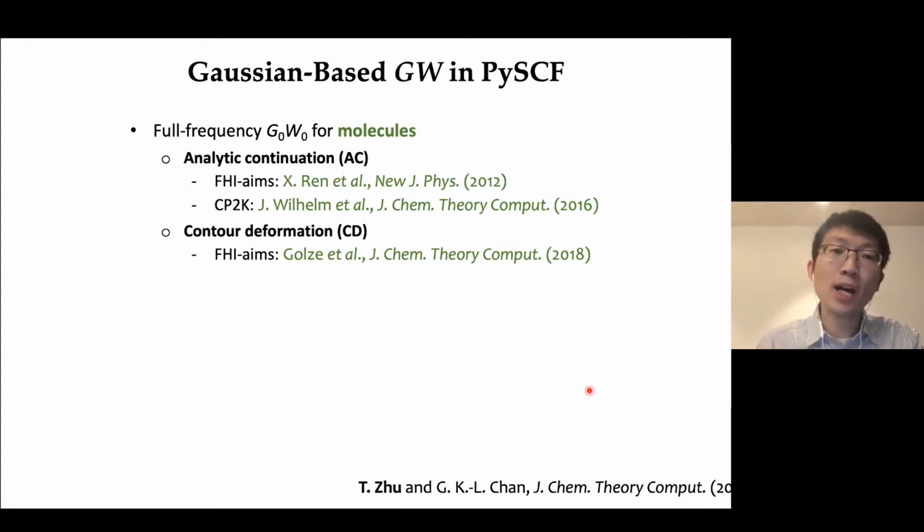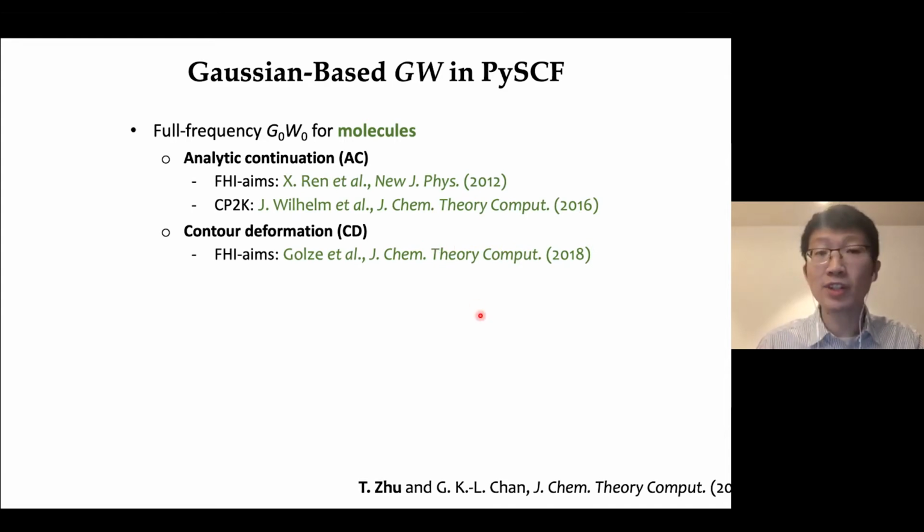And here, our first step is to implement such methods for molecules in PySCF first. And we closely follow the implementations in FHI-aims and also CP2K, where we adopt two so-called full-frequency G0W0 schemes, namely analytic continuation (AC) or contour deformation (CD).